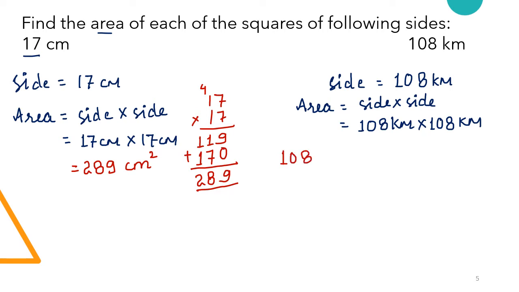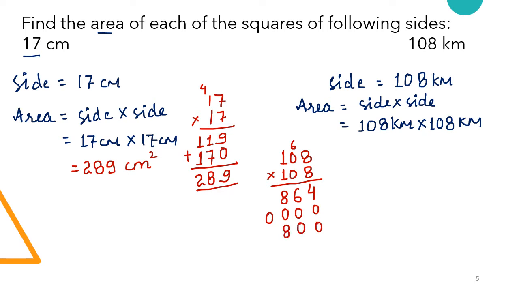8 eights are 64. 6 will be carried here and it will come down as it is. 8 ones are 8. Put 1 0. Now next number at tens place is 0. So 0 into 8 is 0, 0 into 0 is 0, and 0 into 1 is also 0. Now for hundreds place, firstly we have to put 2 zeros. 1 eights are 8, 1 zeros are 0, and 1 ones are 1.